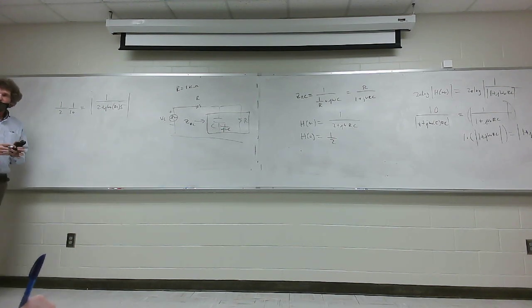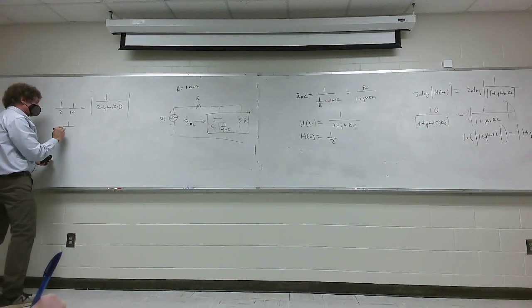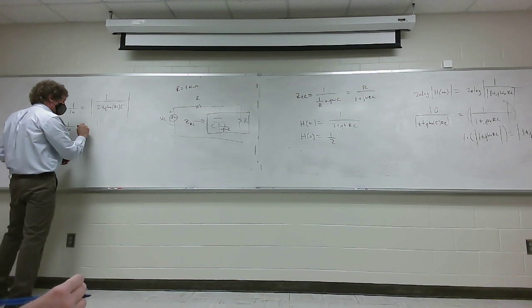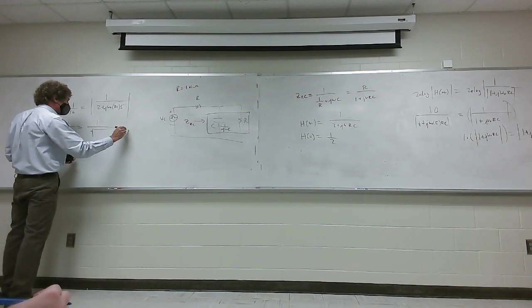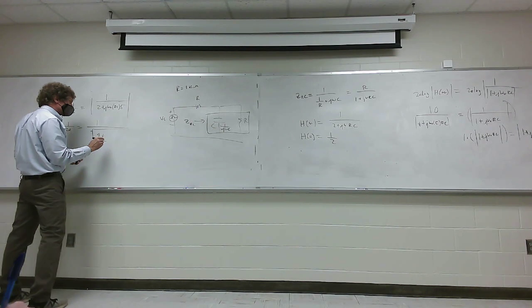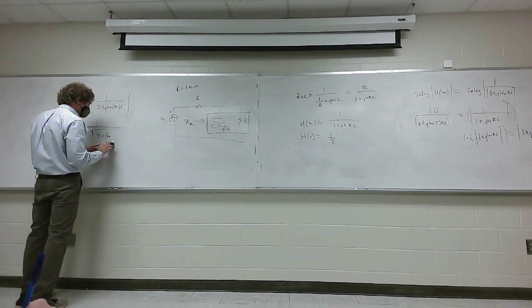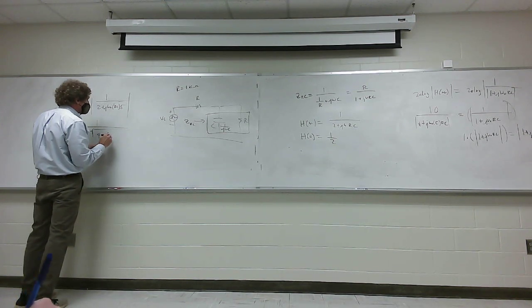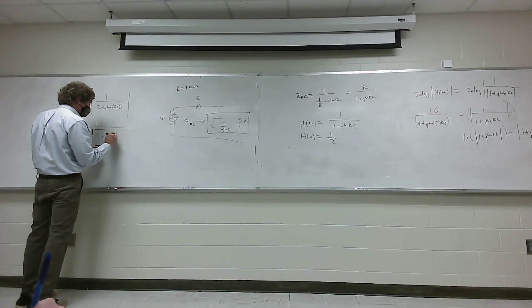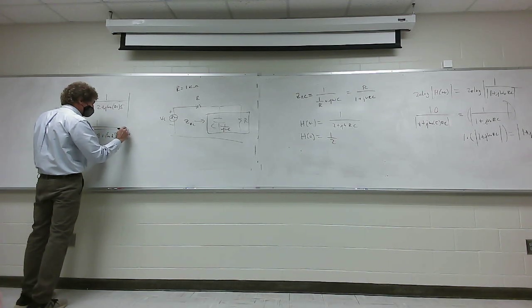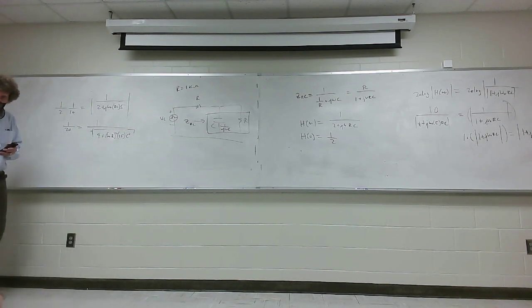Y'all follow me? That'd be the fifth harmonic's value of that. Now, if you look at this right here, that's 1/20 equal to 1 over the square root here of 4 plus omega naught squared r squared times 25 times c squared. Y'all agree with this?